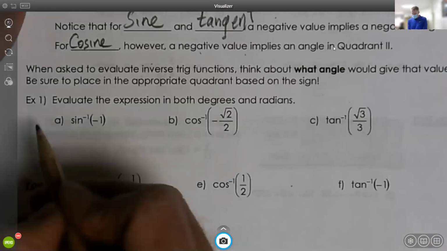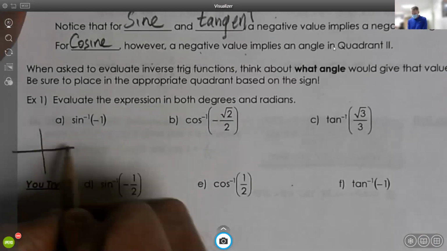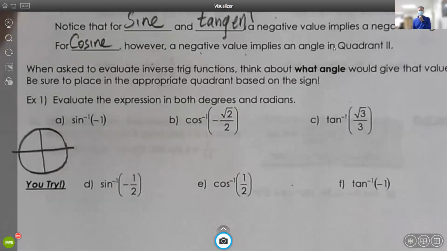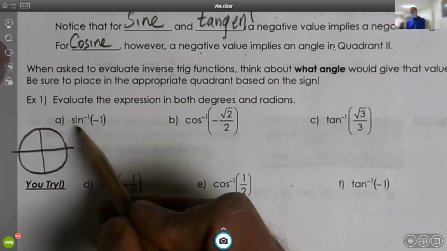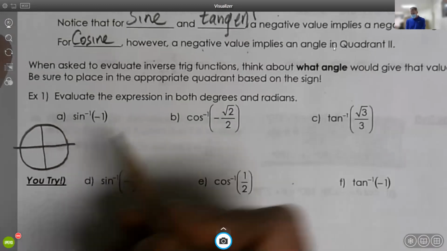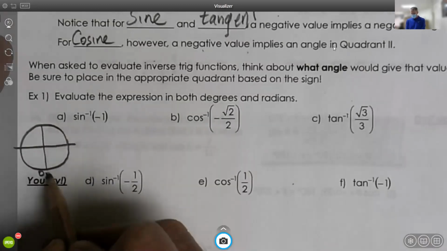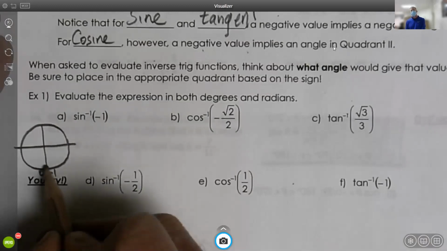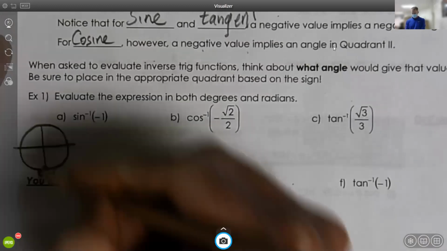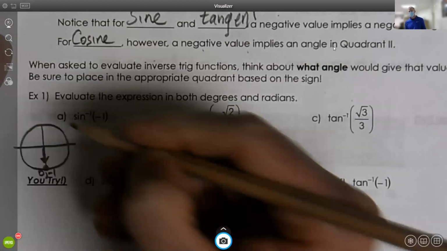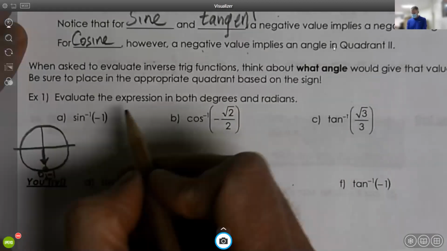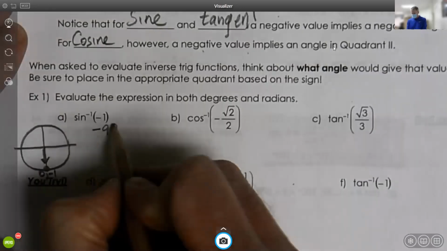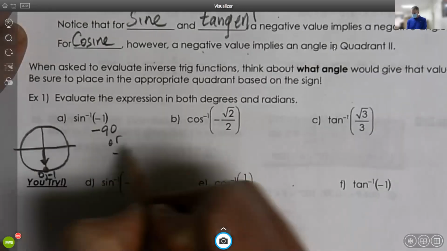So again, I like to draw the pictures so it gives us the visual. Where is the y value -1? Well, down here we get (0, -1). It's the only location. So coming straight down. Some people might call that 270. But to be correct, we should use the terminology -90 or -pi/2.